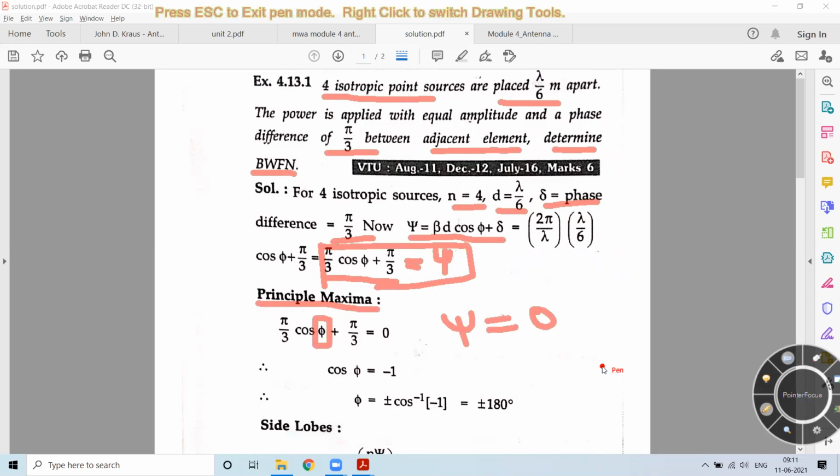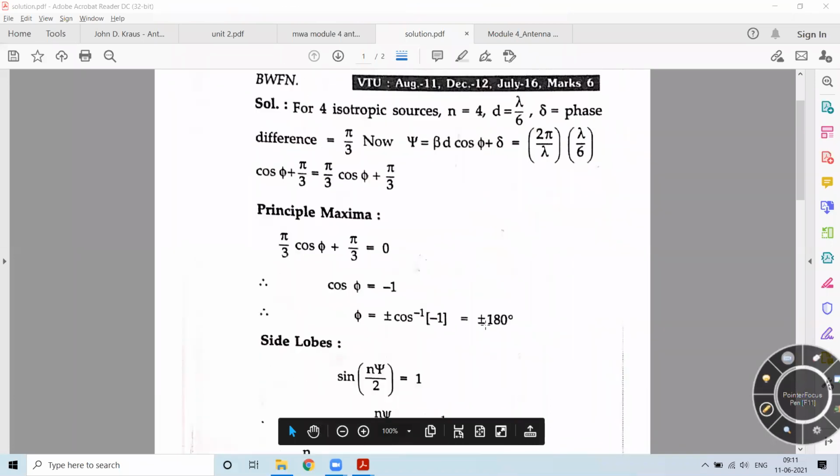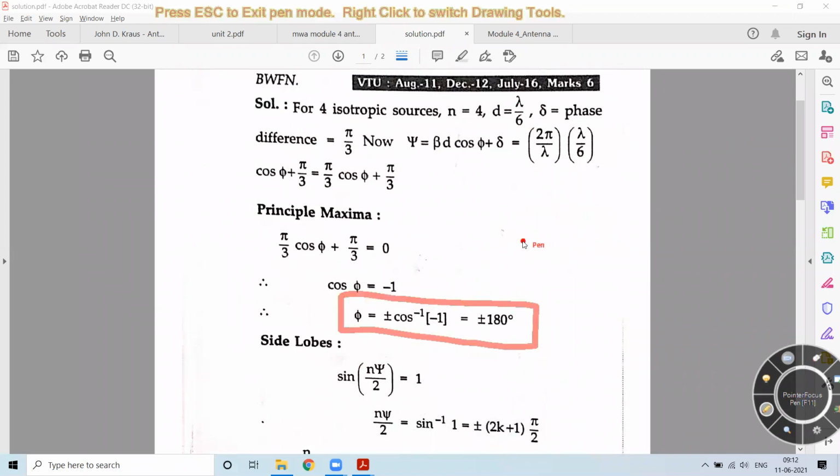Those angle values give us the information regarding in which direction I am having a maximum. When we solve this problem, what we obtain is phi is equal to plus minus 180 degrees. So what does this indicate? If you consider that the four sources are placed along the phi equal to 0 degrees axis, I'll be having 180 degrees at this end.